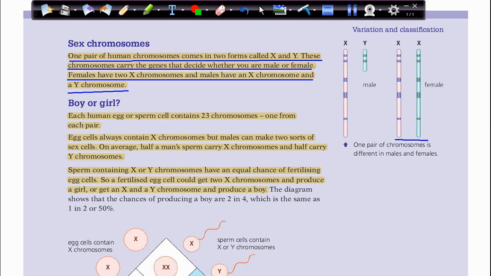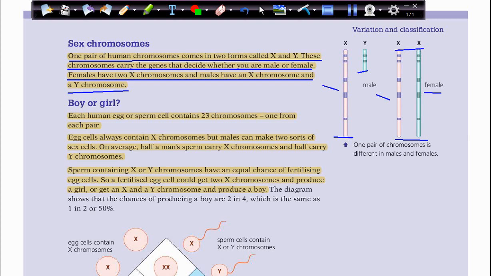So this is X and this is Y. XX is an identical pair, and the other one is non-identical, for the male. So if this sperm cell has the X with the X, it will be XX, and in this case it will be a female.